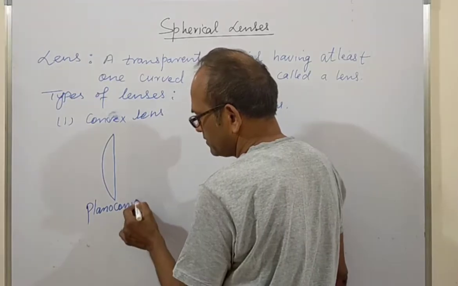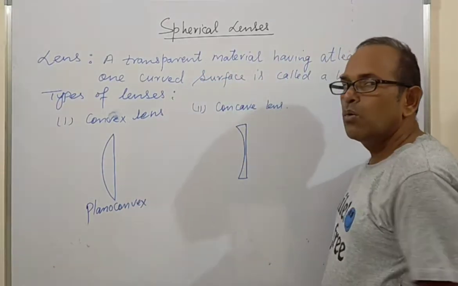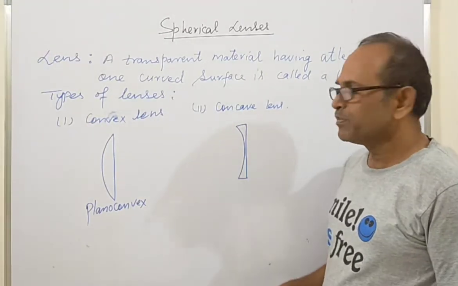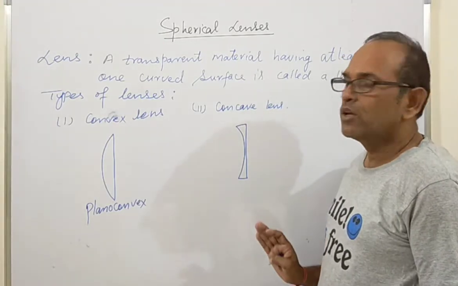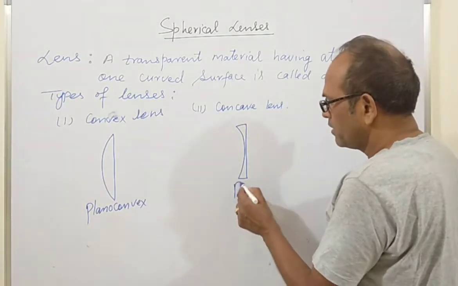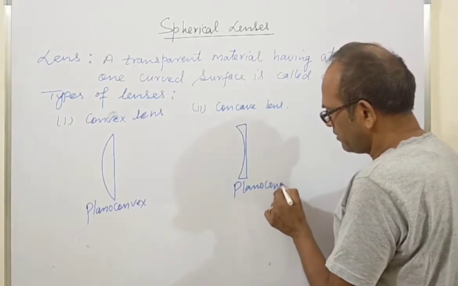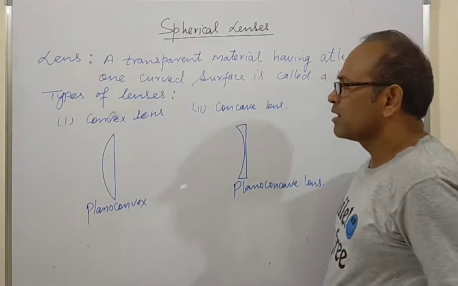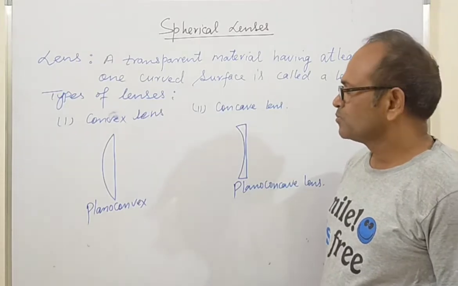Okay, and here also one surface is internally curved, so it is concave, and the other side is plane, so we call it plano-concave lens.